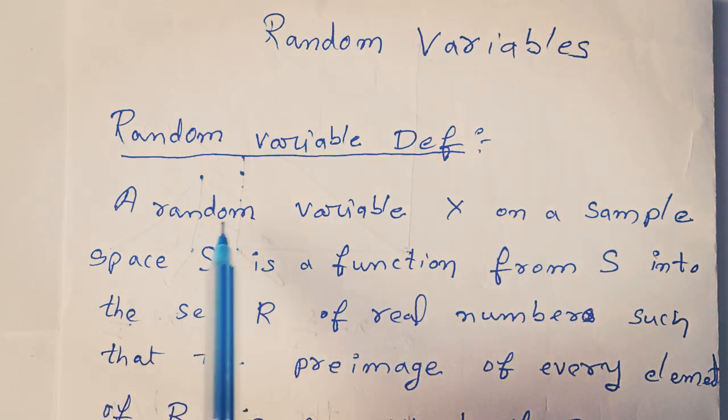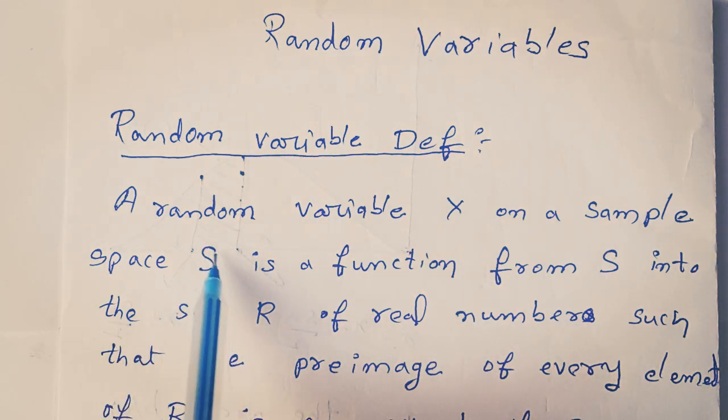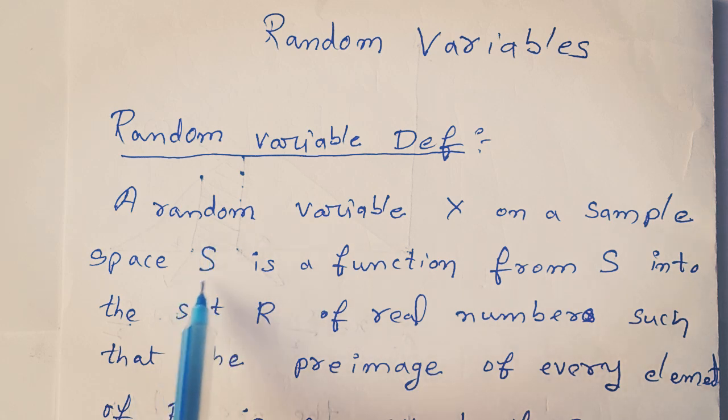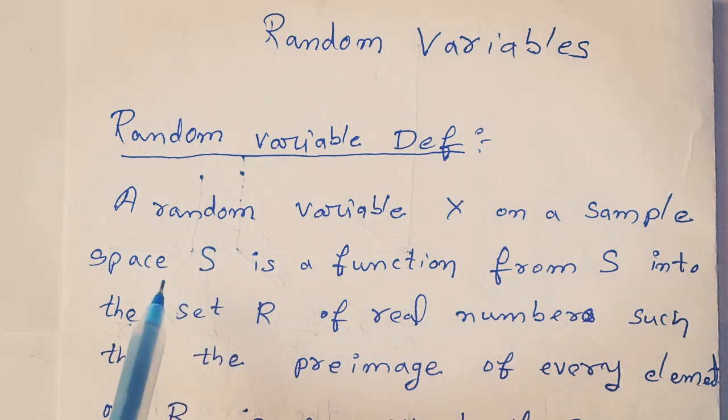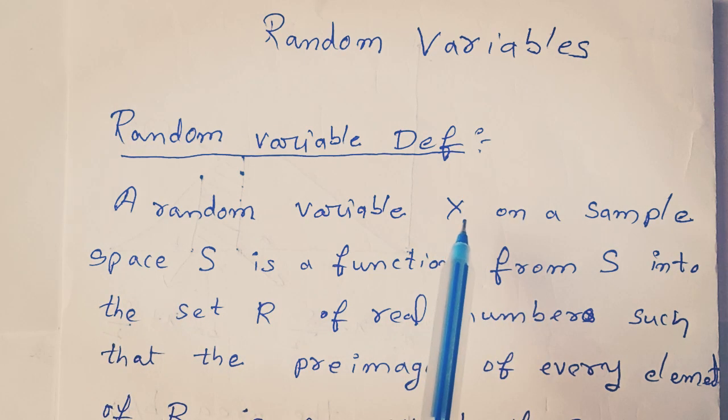Here we know that S is a sample space. It contains all possible outcomes of an event. X is a random variable.